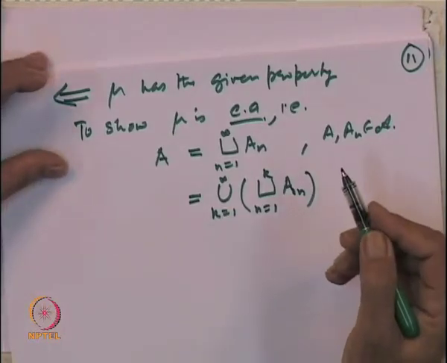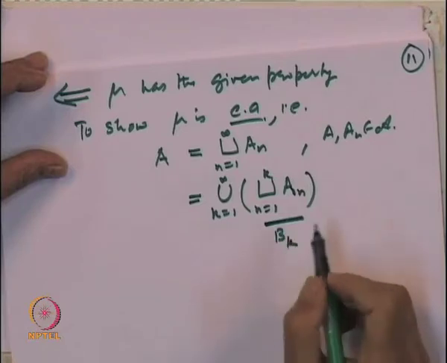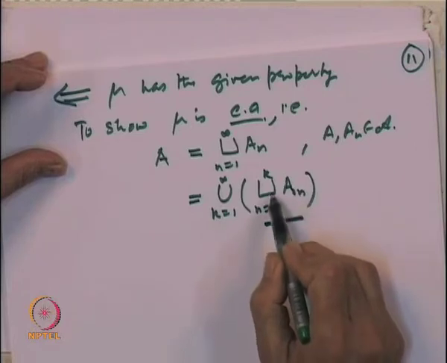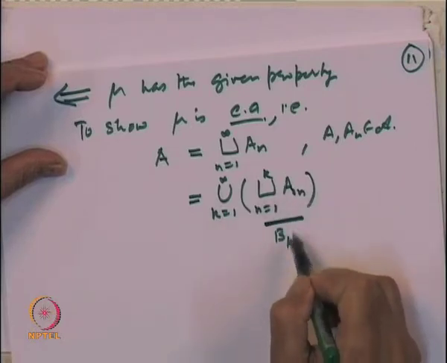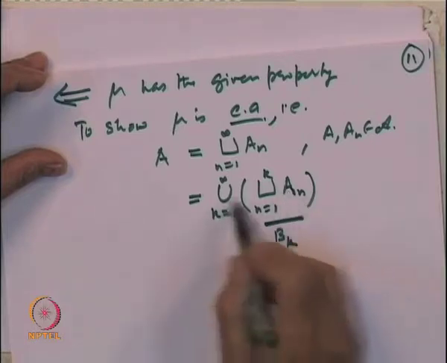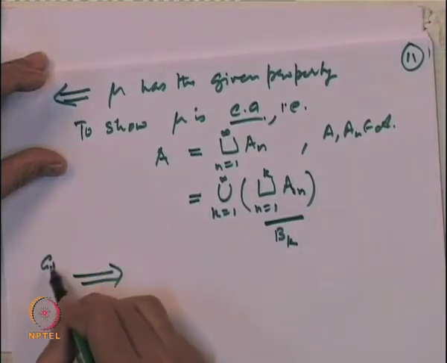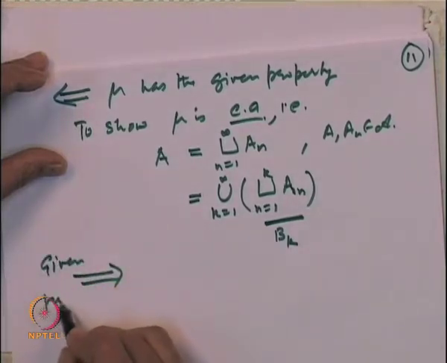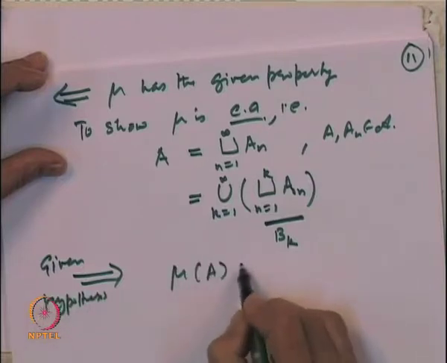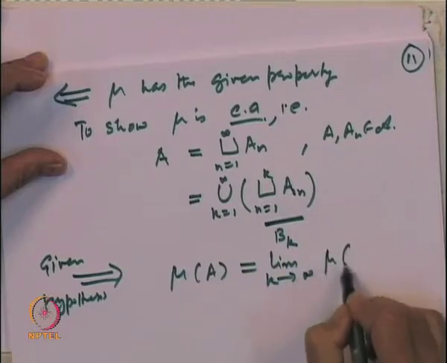But the advantage of this way is, now if we call this B k, then B k is a set in the algebra, because it is a finite union of sets in the algebra. B k is increasing because we are taking the union of more and more sets, and their union is equal to A. So, by the given hypothesis, mu of A is equal to the limit as k goes to infinity of mu of B k.